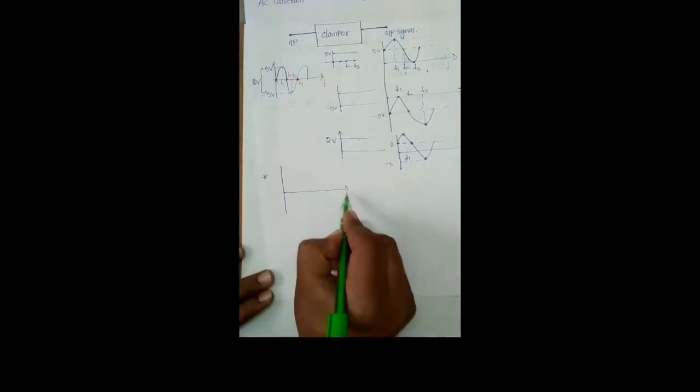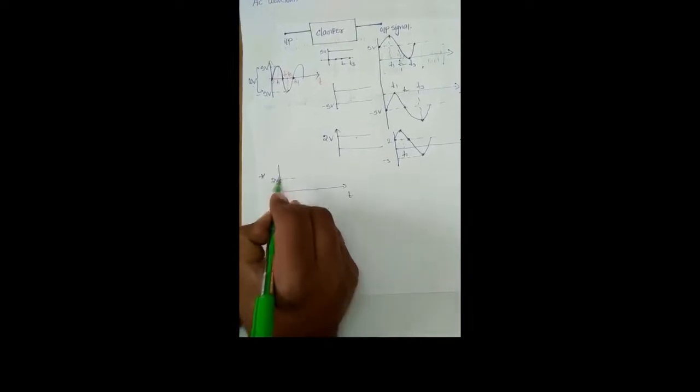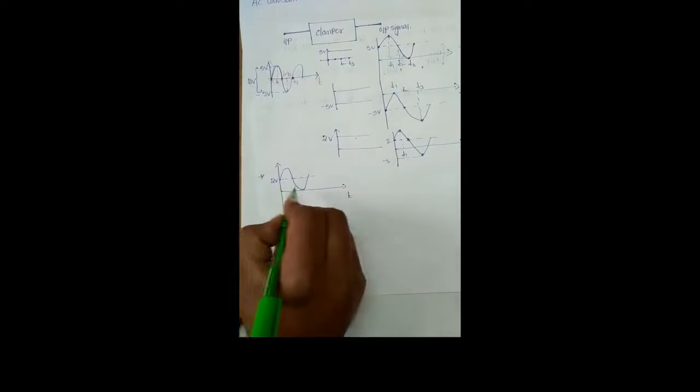Okay, and sometimes the given input signal already contains some DC voltage. It means that here we consider one input signal. This input signal consists of some DC voltage, for example 2 volts. It means that the input signal already has a DC component.